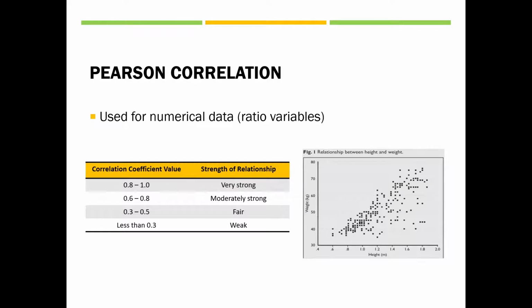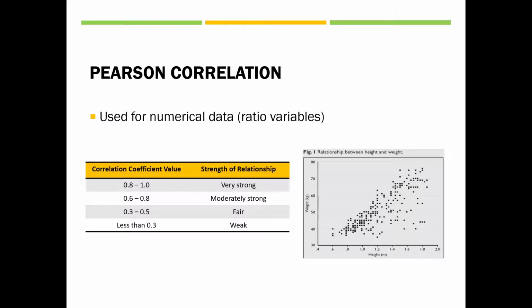A Pearson correlation is used for numerical data. So at the beginning of the course, we talked about ratio variables and numerical variables. It's ideal to be able to use a Pearson correlation and to have numerical data because the results will be more reflective of a linear relationship.